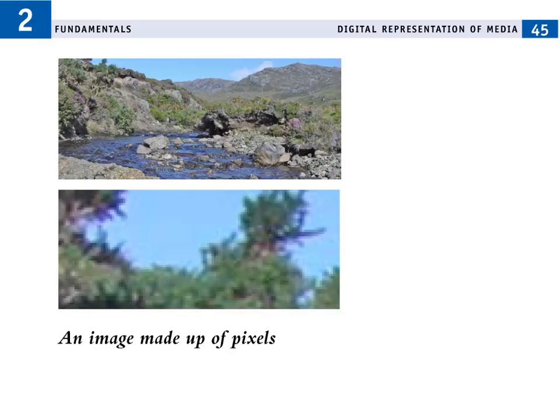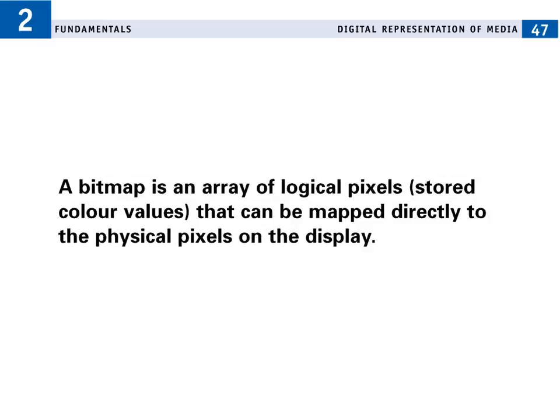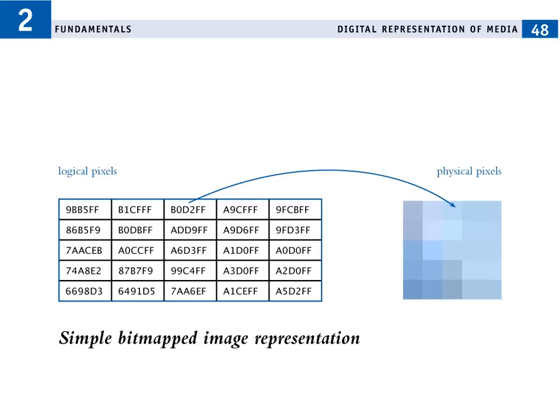How is an image composed? As you know, it is made of pixels, and each pixel has a different value describing its color and intensity. Okay, so images can be modeled as a bitmap or as vector graphics. A bitmap is simply an array of pixels, and each pixel stores a color value. That is our physical pixel.